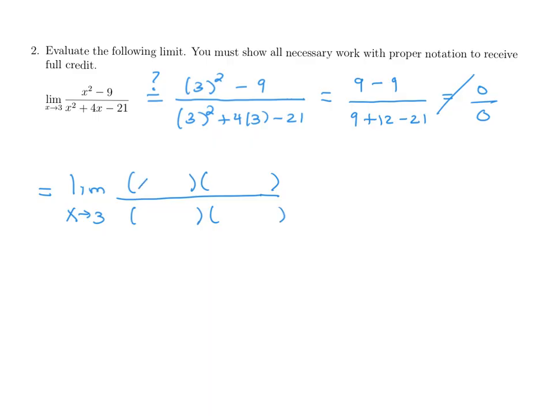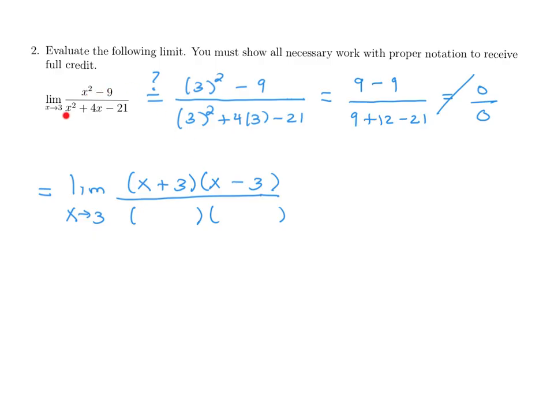So in the numerator, we have an x times an x. I know it ends in a negative number, so we have to have a positive and a negative. So we need 2 numbers that will multiply to -9 and cancel the middle term, which is not present here. It has to be 3 and -3. 3 times -3 is -9. If you add these together, you get 0, which is why there's no x term here, and this factored the numerator.